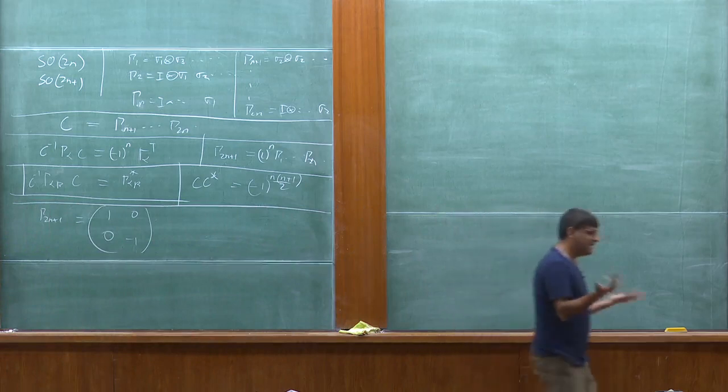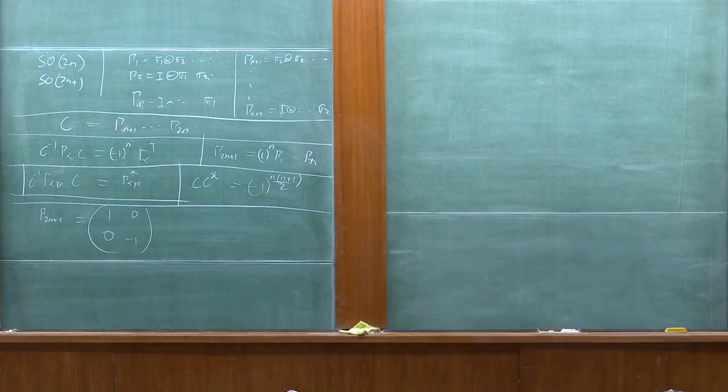It had as many plus 1 eigenvalues as minus 1 eigenvalues: 2^(n-1) plus 1 eigenvalues and 2^(n-1) minus 1 eigenvalues.